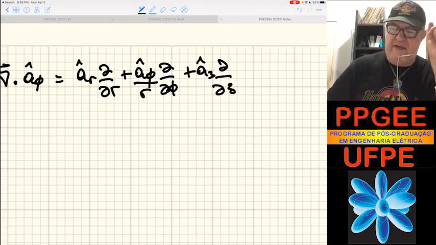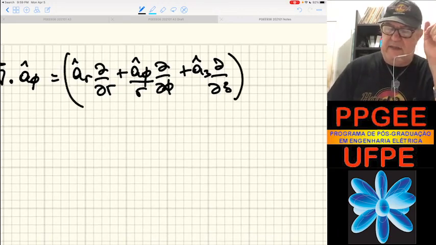Then I take this vector and make the dot product with a phi.